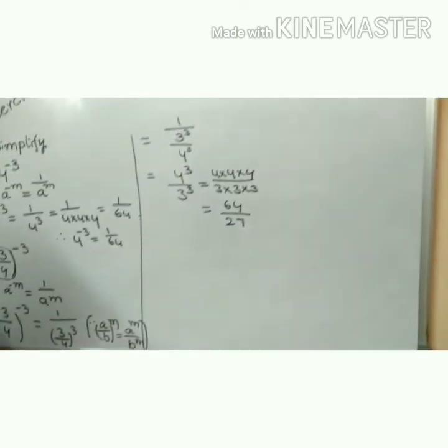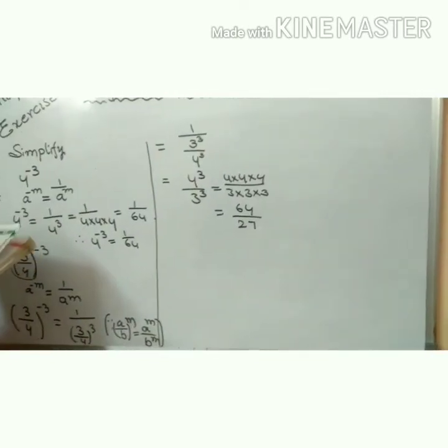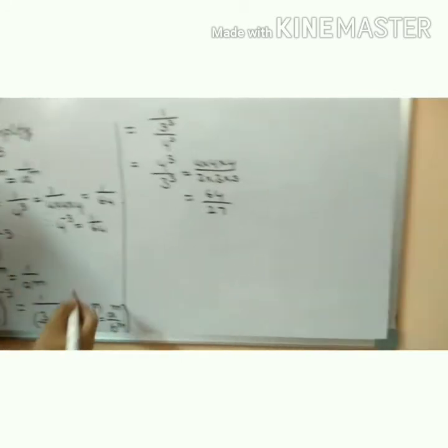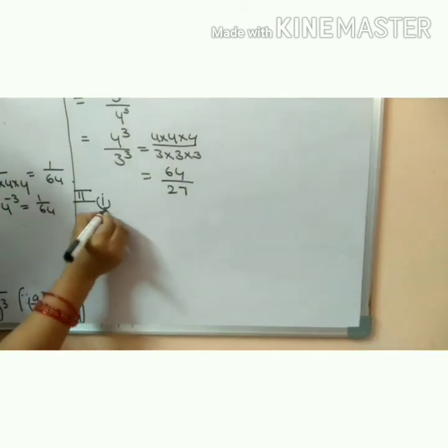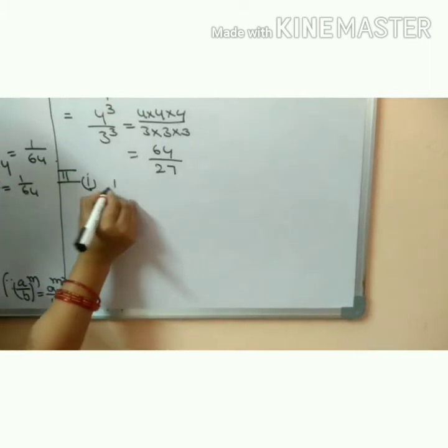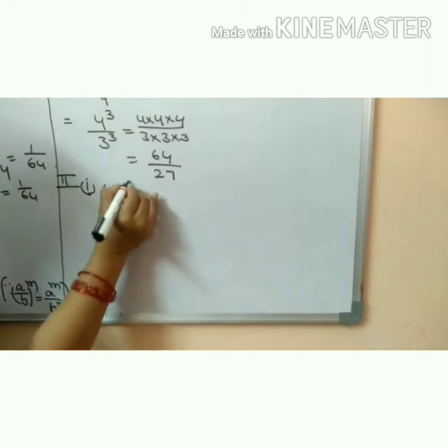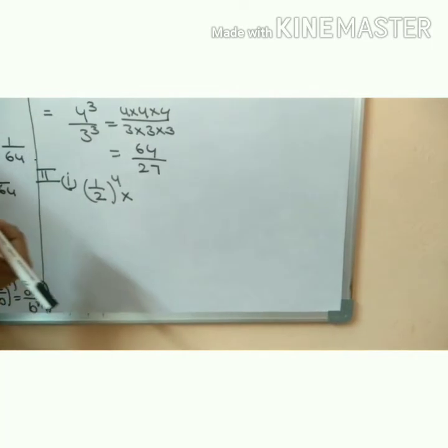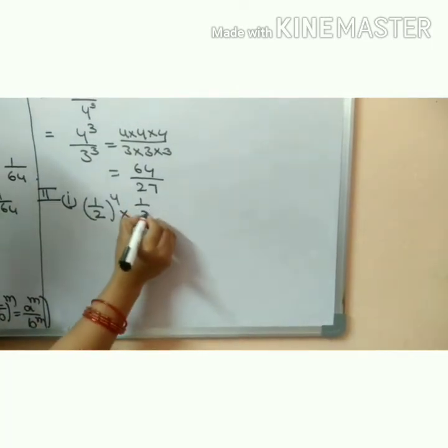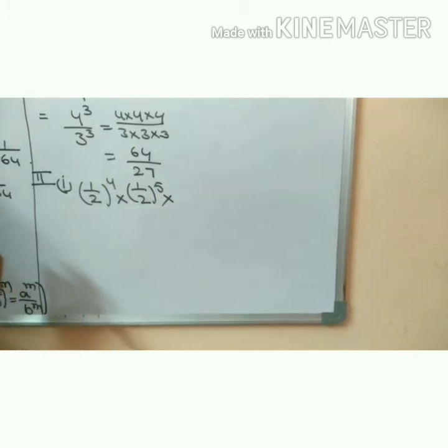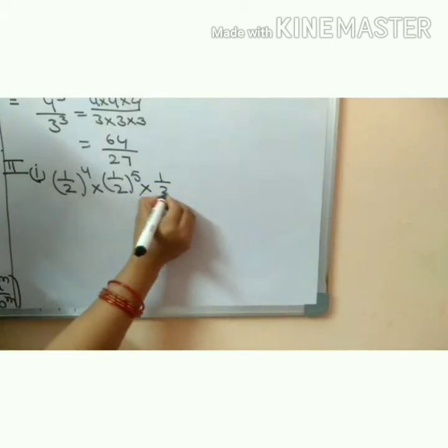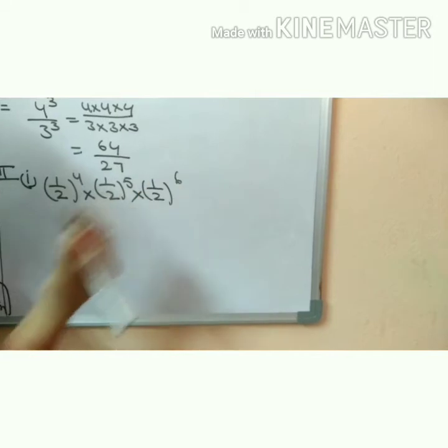Next, the second Roman numeral. Simplify the following, same process. First problem: 1 by 2 whole power 4 into 1 by 2 whole power 5 into 1 by 2 whole power 6.